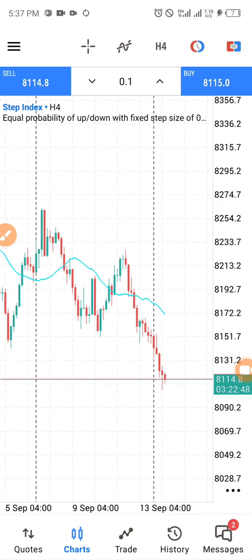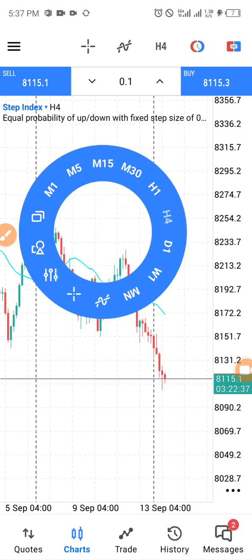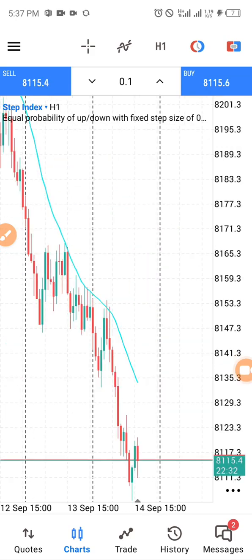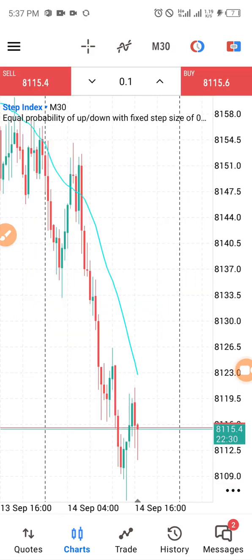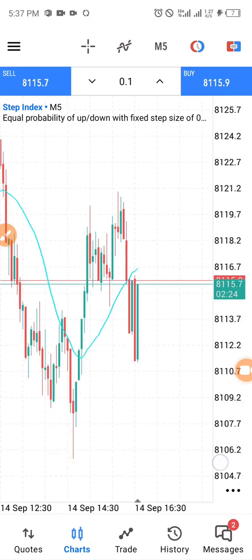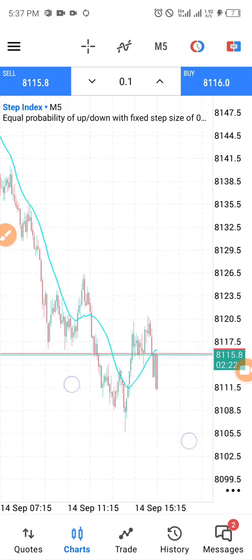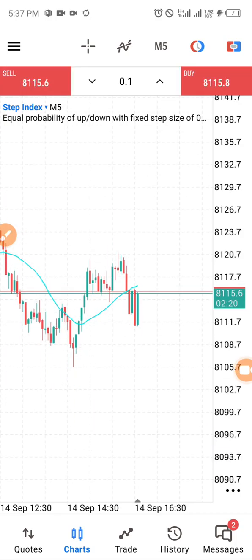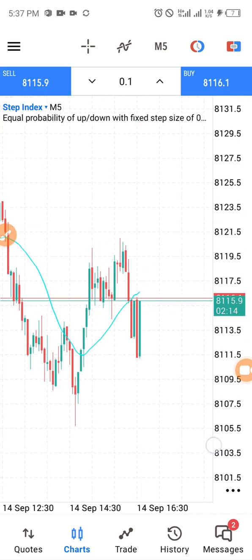Each candle represents 4 hours. Let me change my time frame. Once you get to your time frame, click anywhere on the screen to show this round circle. You can now move to H1, that's 1 hour. You can move to M30, 30 minutes. You can move to M5, that's 5 minutes. So each candle here is a 5 minute candle. It takes 5 minutes for a candle to be formed.